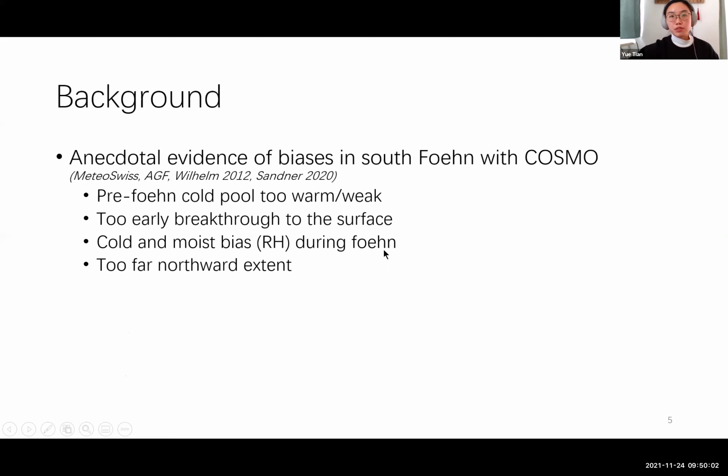And during the foehn hours, it is normally too cold and too moist, like the foehn flow is colder and moister in the model than in reality. And in terms of foehn extent, it is always too far northward in the model.